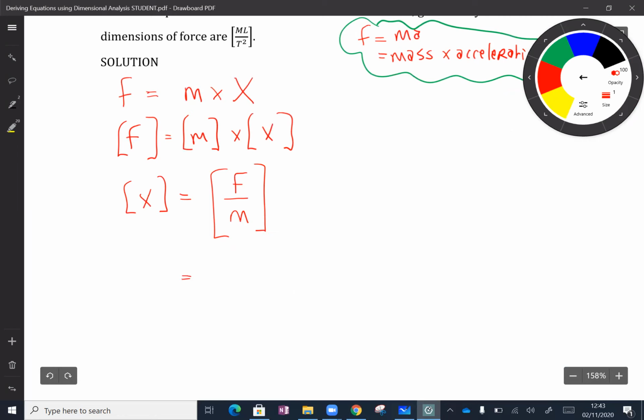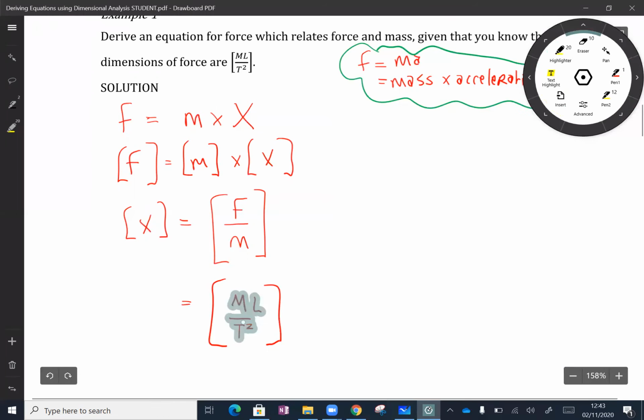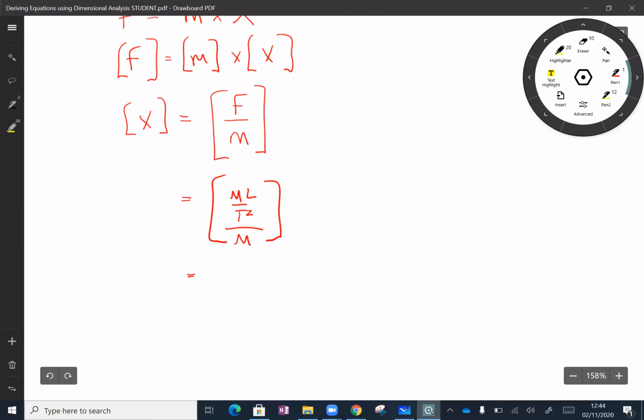You can look up your table: force is ML over T squared, and then that's divided by M.